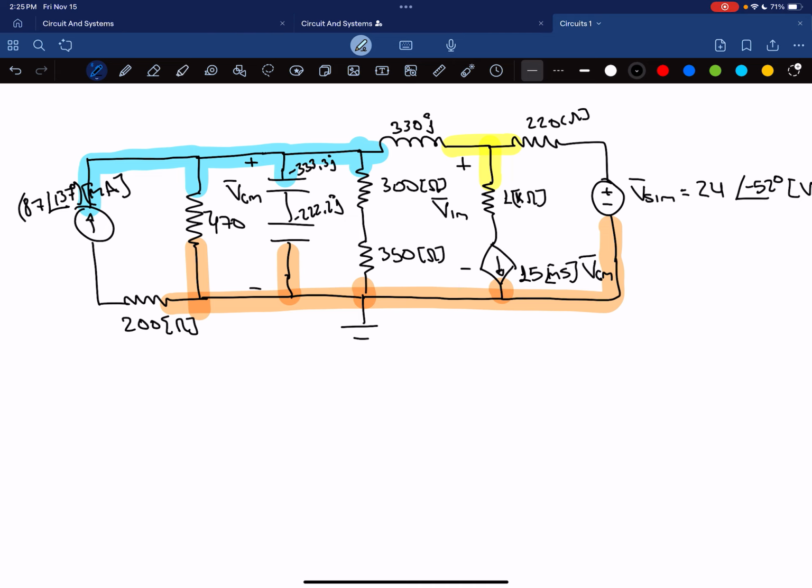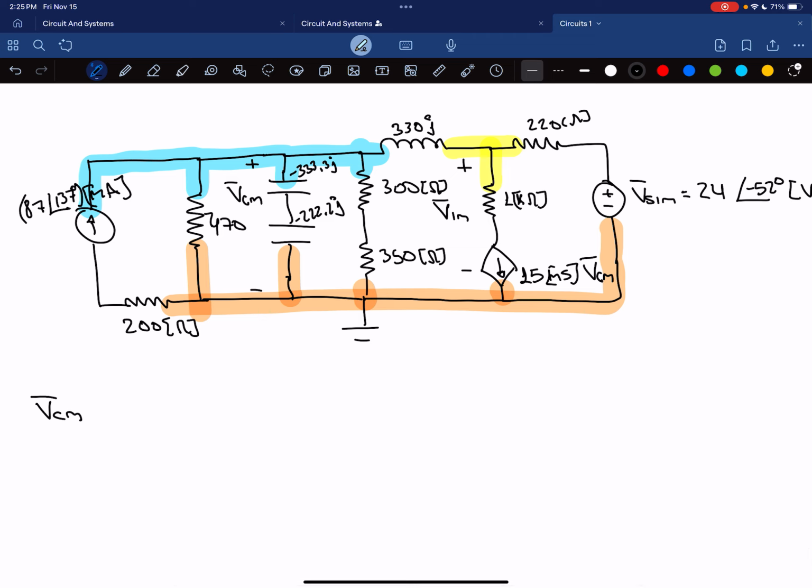So let's start with BCM, and let's do this part right here. So BCM minus B1M over this. BCM minus B1M over 338 plus BCM.